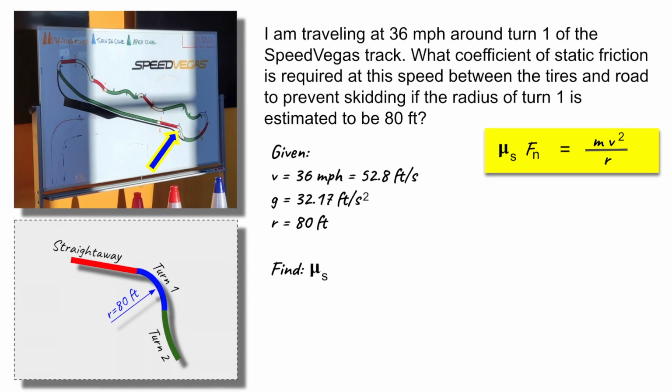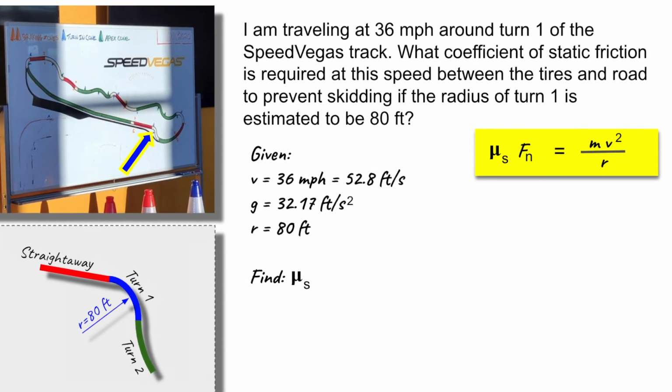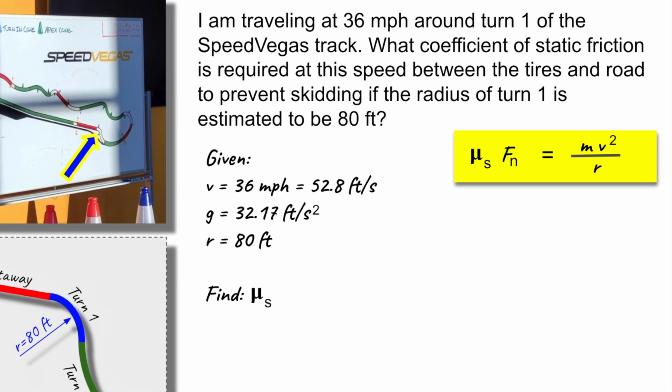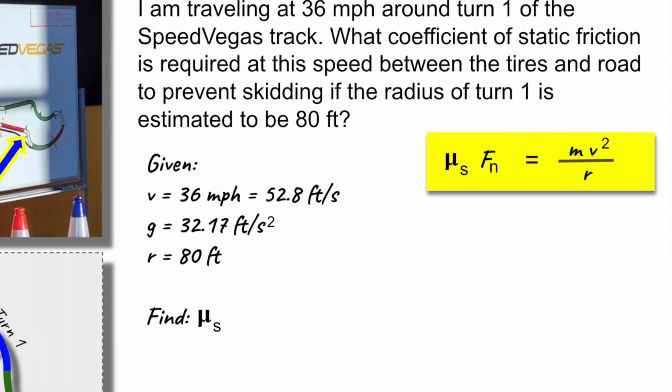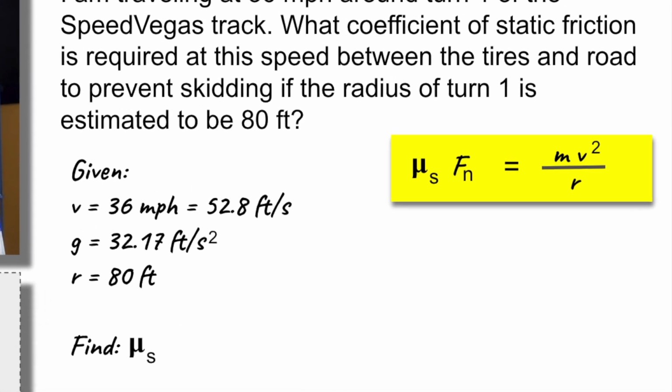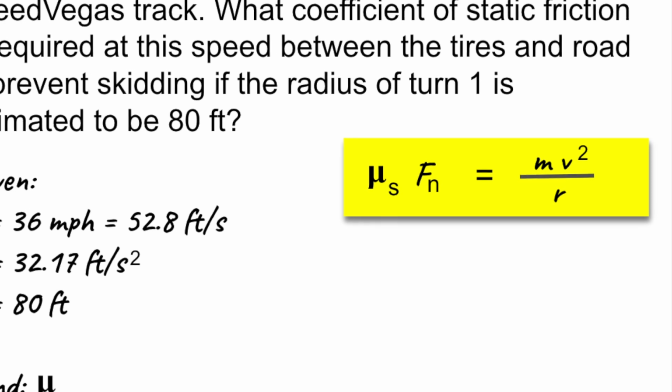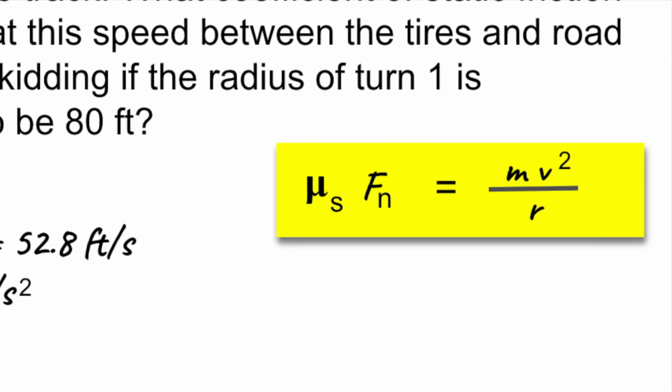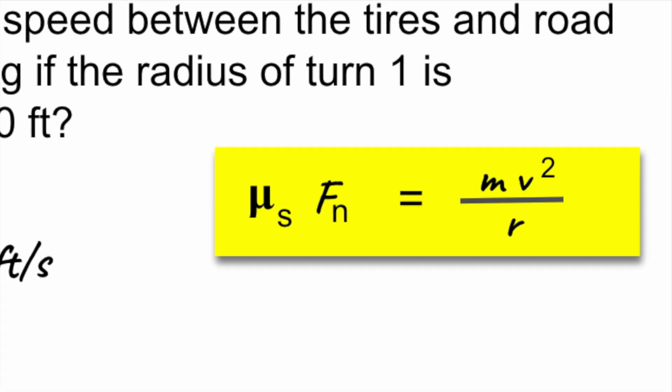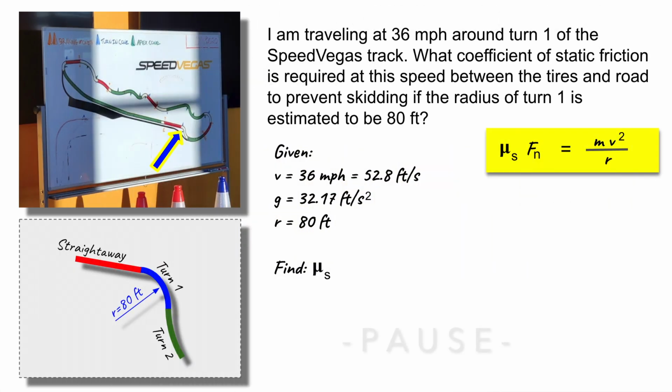In this problem, the normal force times the coefficient of friction is equal to the centripetal force. And the equation for that is mv squared over r, the mass times the velocity squared over the radius. So this is a good time to pause this video. If you want to solve it on your own first, then unpause it and solve it along with me.